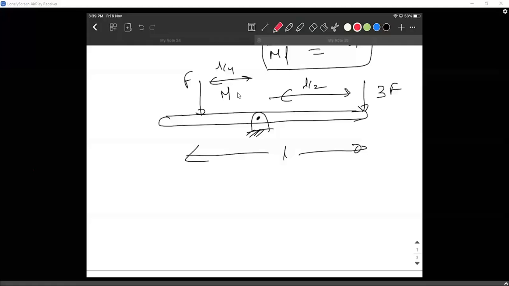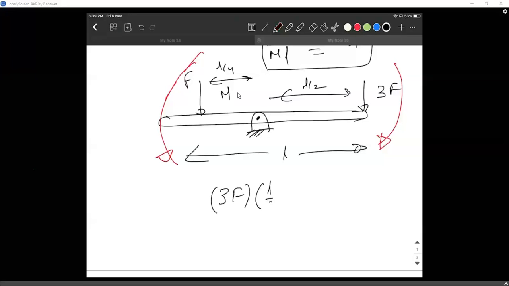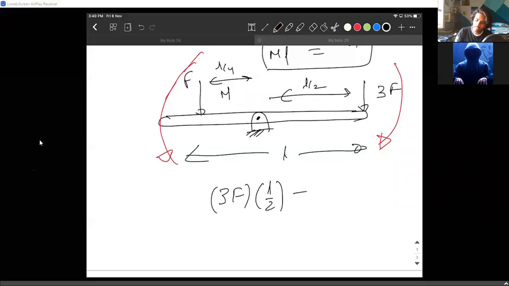All you have to do is look at two torques. One torque is in this direction, the other torque is in the opposite direction. So I'm going to write the torques: 3F into L by 2, which I consider as the positive direction, and the other one, minus F into L by 4. 3F into L by 2 minus F into L by 4 is the net torque, which equals I into alpha.